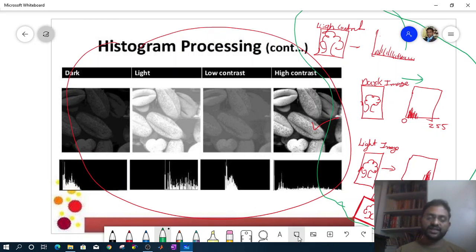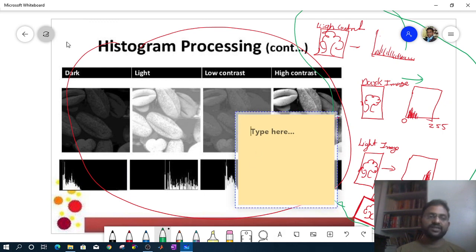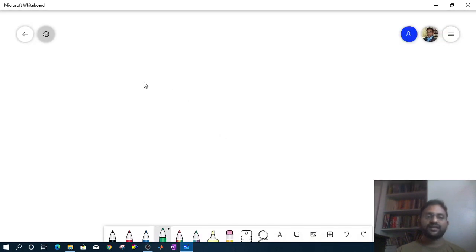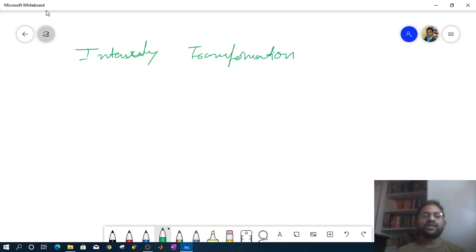For example, let me take a new slide. If a question is asked regarding intensity transformations, how many kinds of intensity transformations are there?